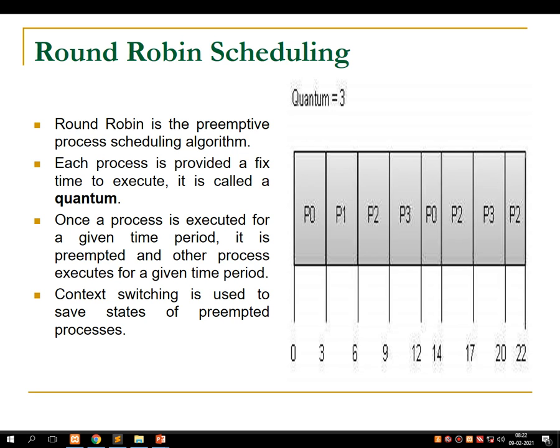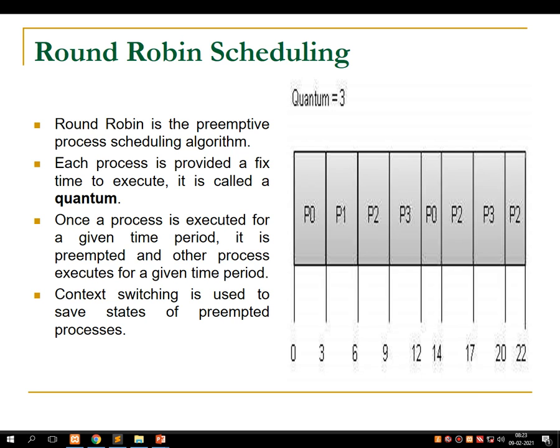Suppose process number 0 is executing. During the execution, process number 1, process number 2, process number 3 and so on are kept in a waiting queue to get executed by the central processing unit, whose waiting time is very less.